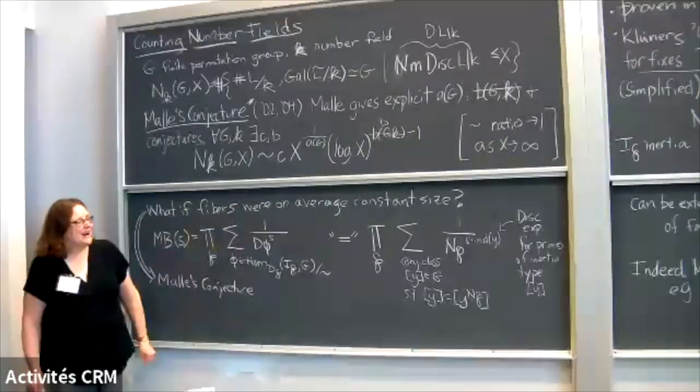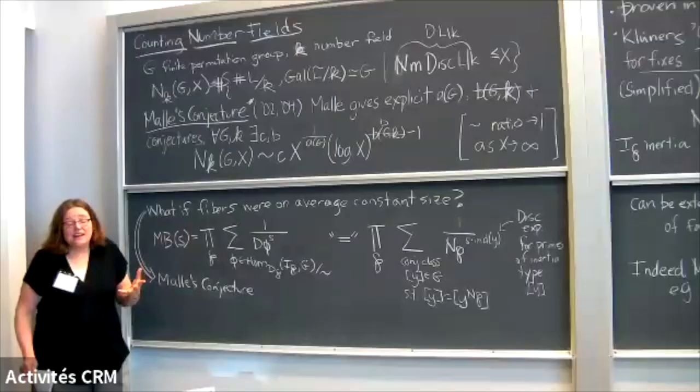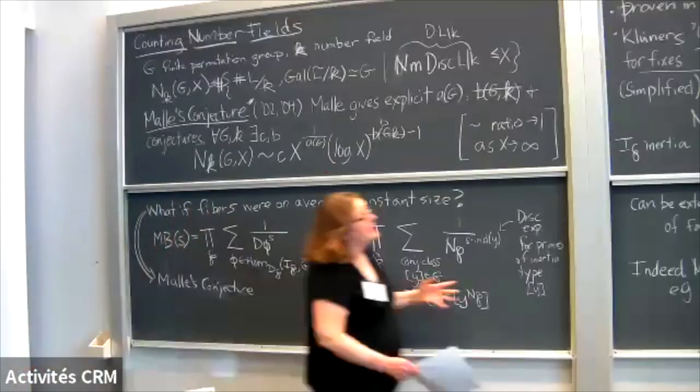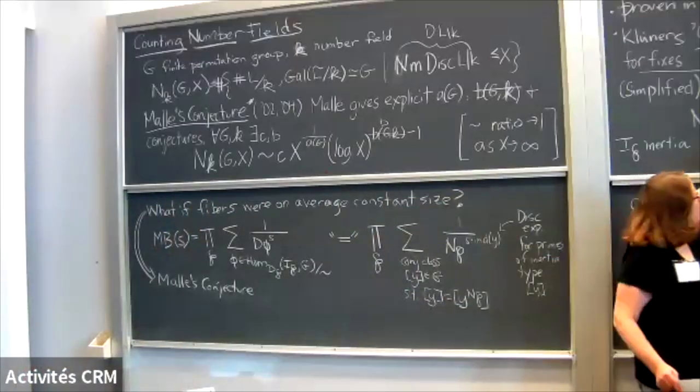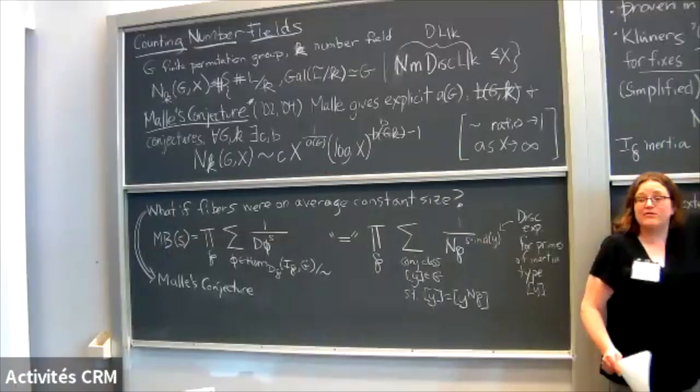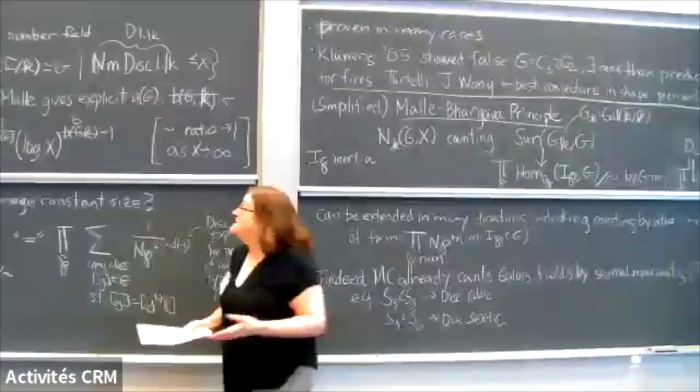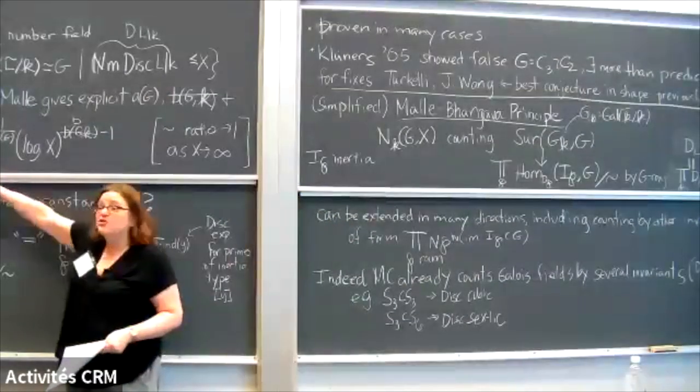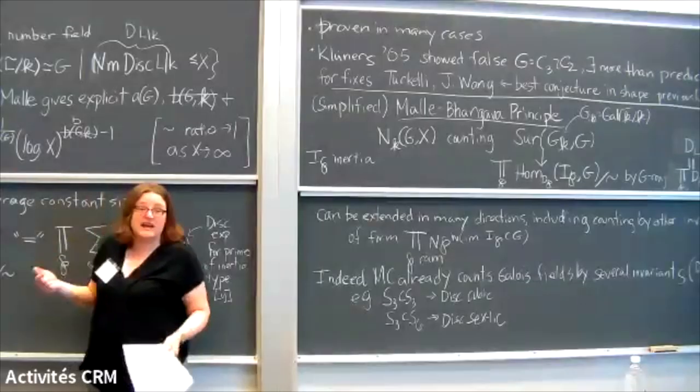Indeed, that is the reason that Bhargava was considering this way of thinking: he was trying to predict the constant in counting degree n Sn extensions for every n.